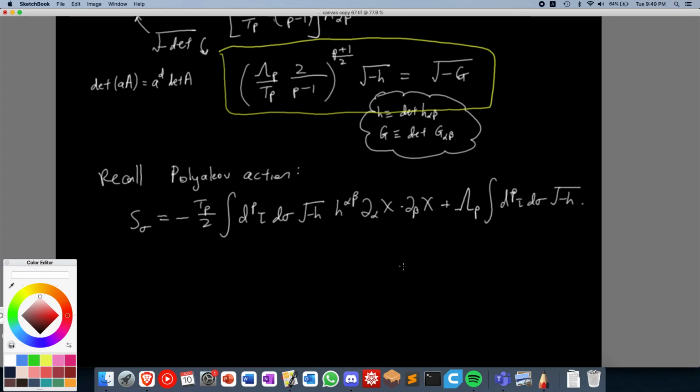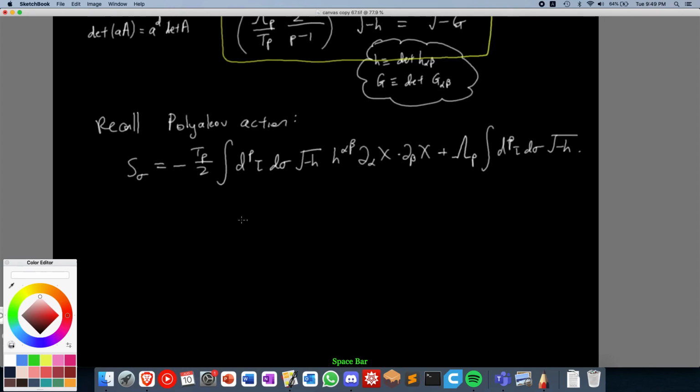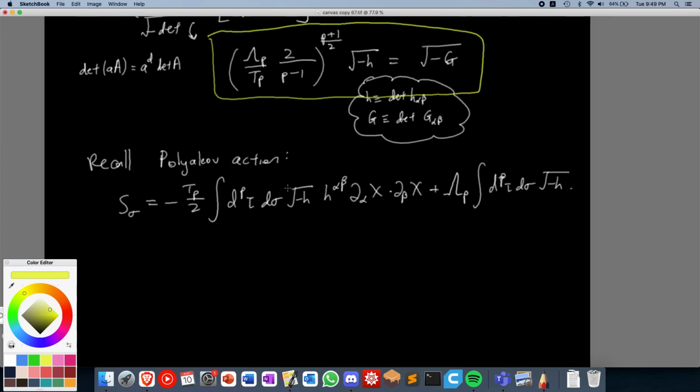Okay, so we recall the Polyakov action and the Nambu-Goto action, which I will mention later. So let's go ahead and substitute it in. We can see that this goes nicely in here and here, right?